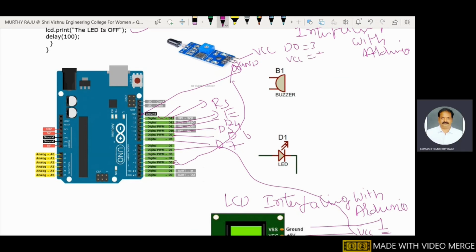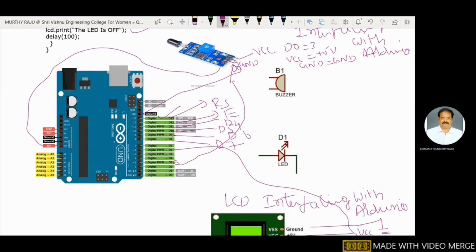VCC is connected to plus 5 volts, and ground is connected to the ground of the Arduino. Okay, the flame sensor interface is also completed.